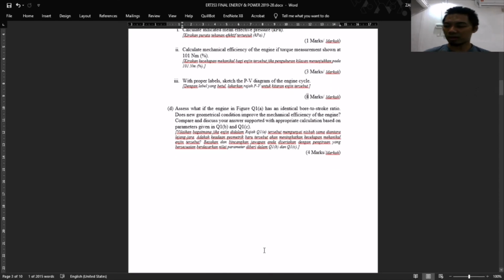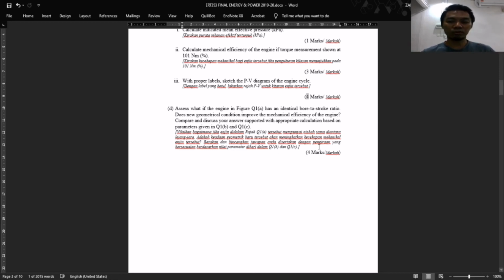You understand, right? Lesson 3 I already explained it. What is bore and stroke ratio? So you need to assess, does the new geometrical condition improve the mechanical efficiency of the engine? Compare and discuss your answer supported with appropriate calculation based on parameters given in Q1B and Q1C.